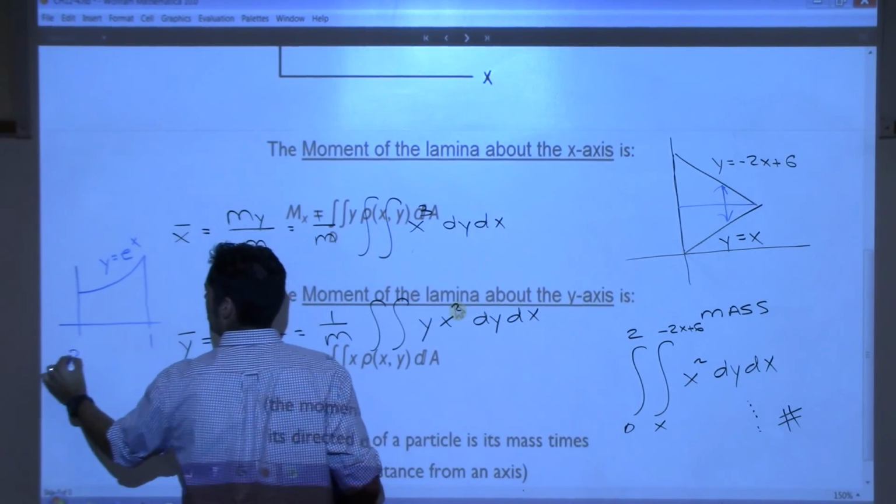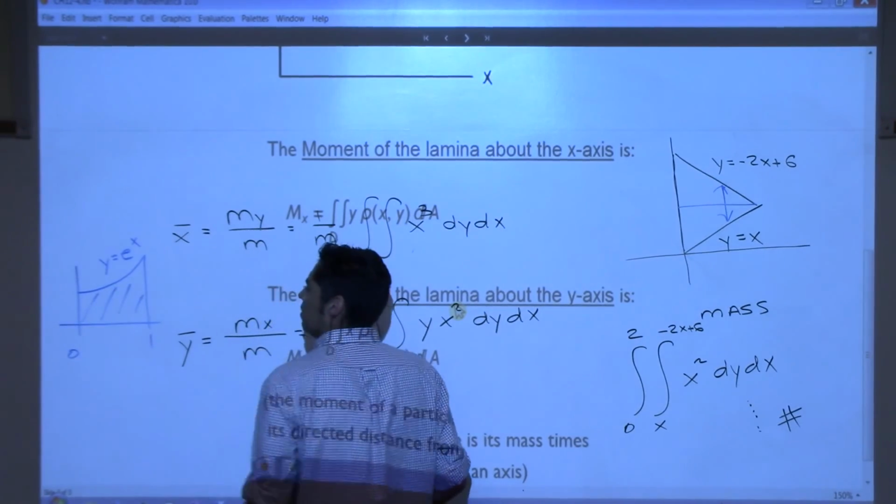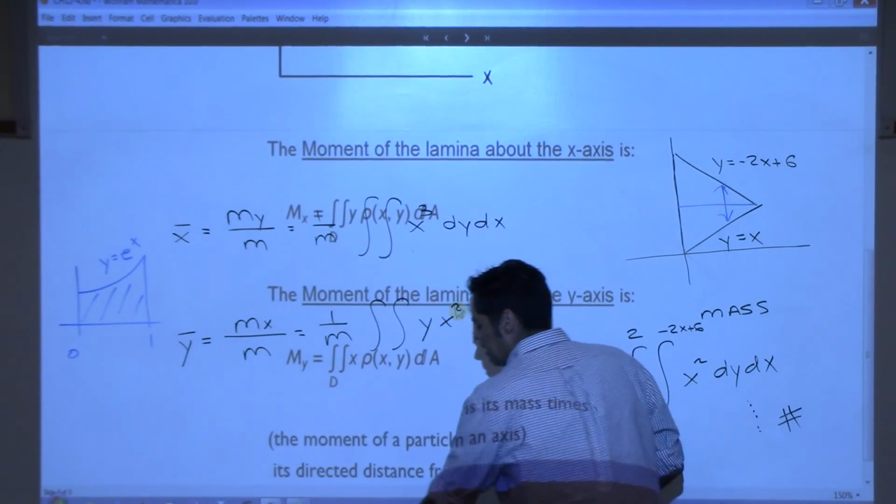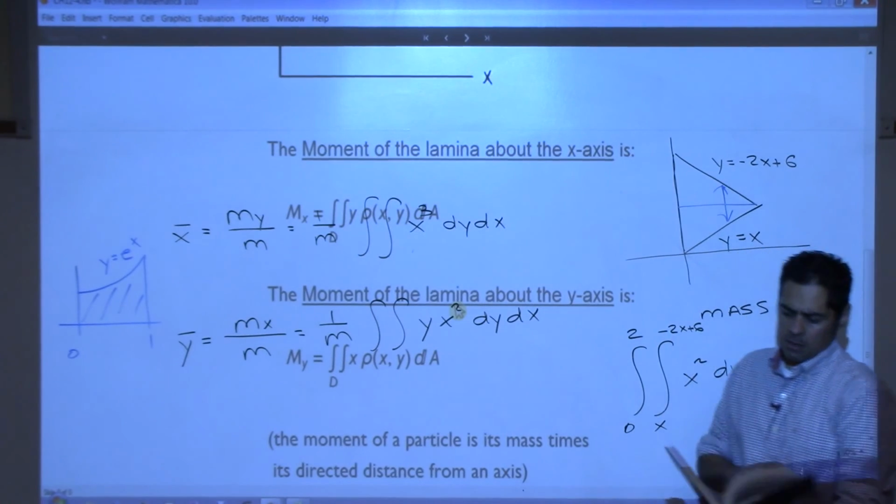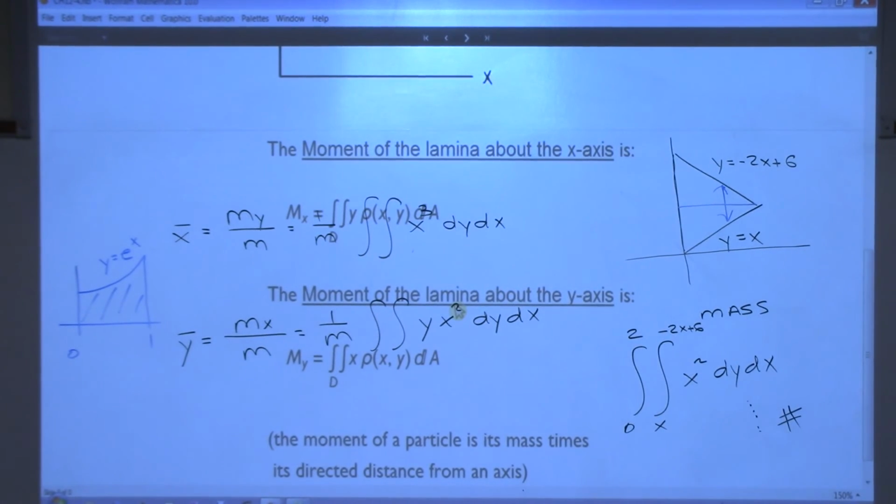This is 1, this is 0. So it's the x-axis.